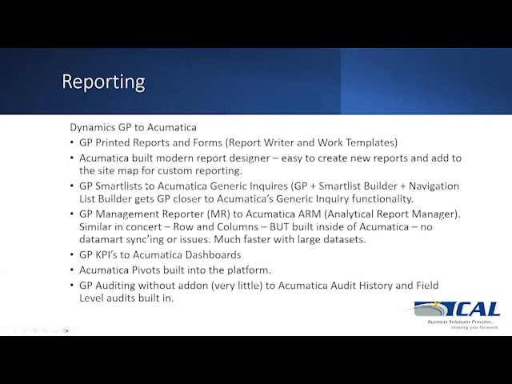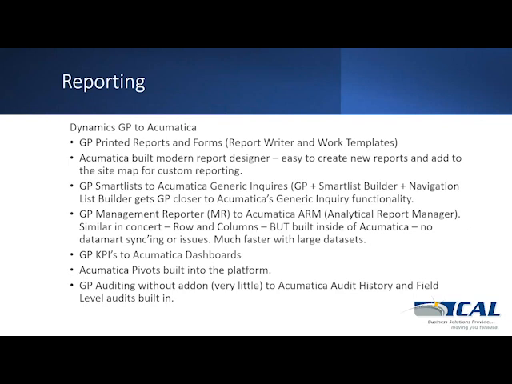GP has its SmartList. Again, a big part of reporting in GP for most people is SmartList. Can't do without it. Acumatica has generic inquiries. In my mind, in GP, if you have SmartList Builder, which really gives you the full flexibility of being able to join a lot of different things together and create custom SmartLists, and then you add on top of that Navigation List Builder, so that you can click on the row in the SmartList you've created and have it open an associated screen in GP, then you're getting close to the built-in functionality that exists in Acumatica.